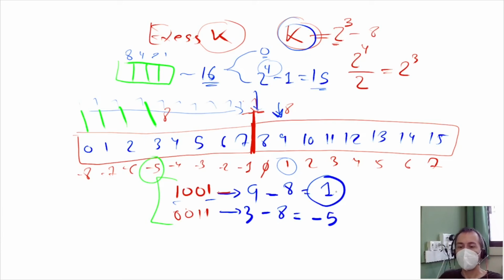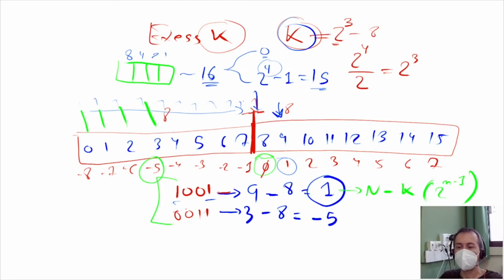So to know what's the real number represented, it will be the number minus K. In this case, we're using K as 2 raised to the n minus 1. In this case, the 0 will be here in the positive part of the numbers. So how do we do the opposite?